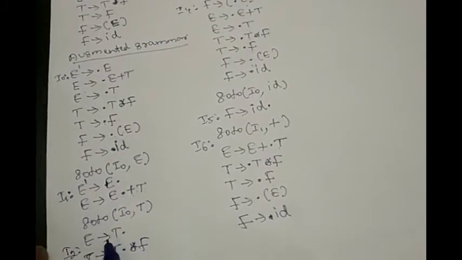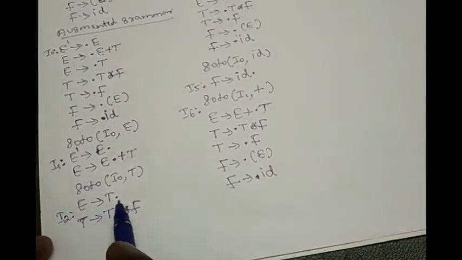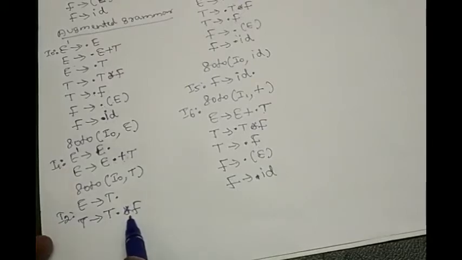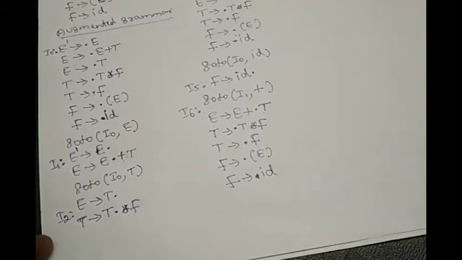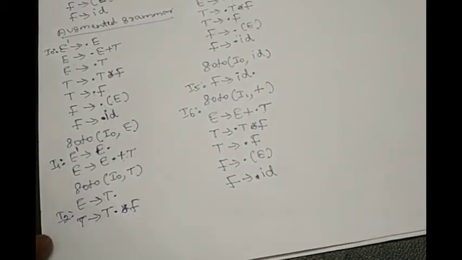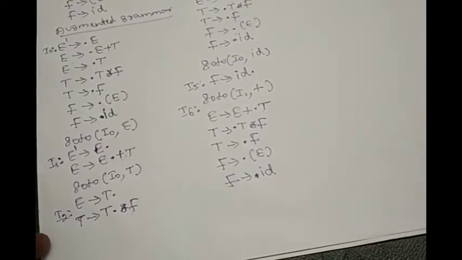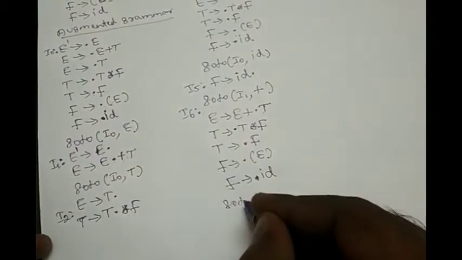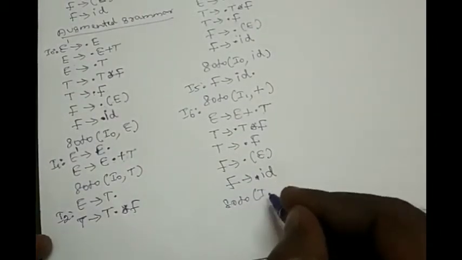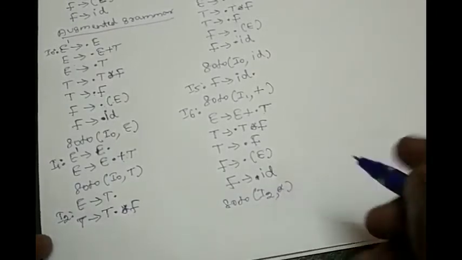We'll go for item set 2. When you go for item set 2, the dot is at the end for the first production. But when you take up the second production, the dot is before star. So we have to process that. So we will process item set 2 here. Go to of item set 2 comma star here.